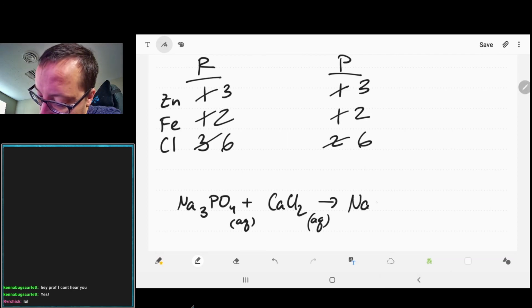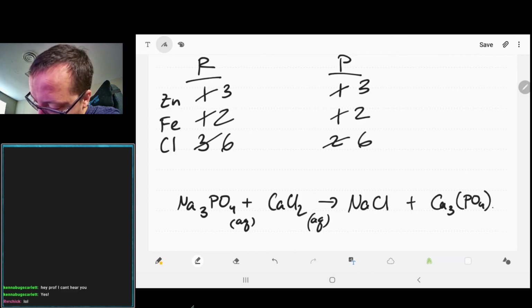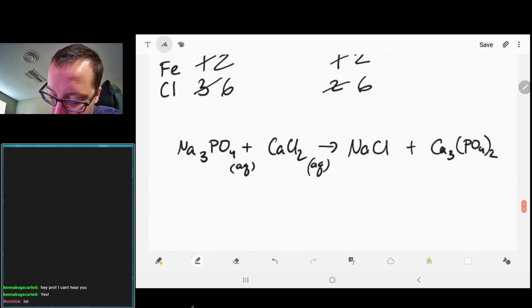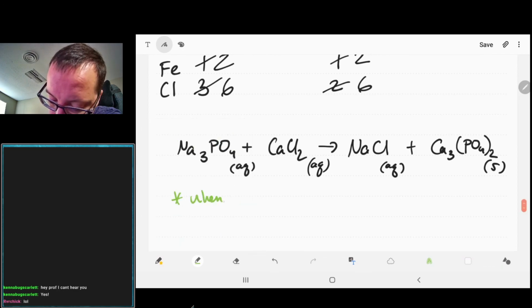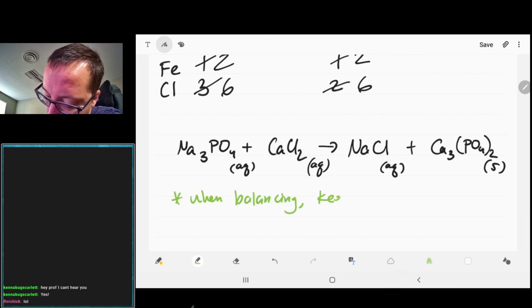If we do predict the products, we do get these. And if we look at the states of matter, we should get those. One thing to note for balancing, you want to keep your polyatomic ions together.